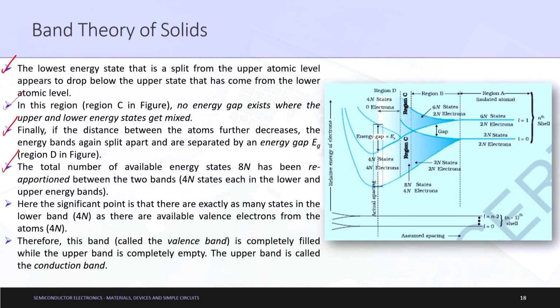So, the significant point is that there are exactly as many states in the lower band as there are available valence electrons from the atoms, or 4n. Therefore, this band is called the valence band.